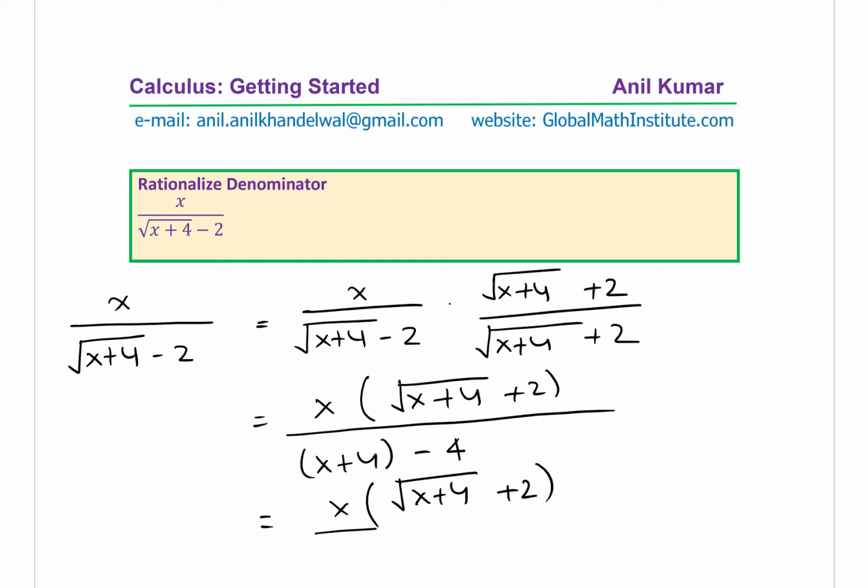And in the denominator, we have the number 4 and 4 cancel, so we're left with x. And now you can actually cancel x also. So when you cancel x, what do you get here? You get the result as square root of x plus 4 plus 2, right?